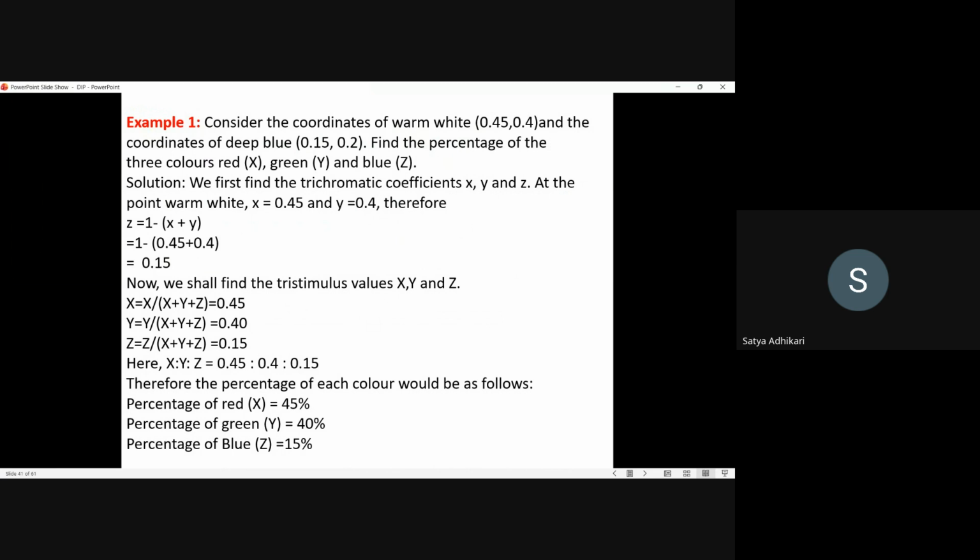So the task is to find the value x by x plus y plus z. So 0.45 is the x value, y is equal to 0.40. So the new values of x, y, z are 45%, 40%, and 15%. So for Z, we are using 0.15, right? Which is part of deep blue. Yes.